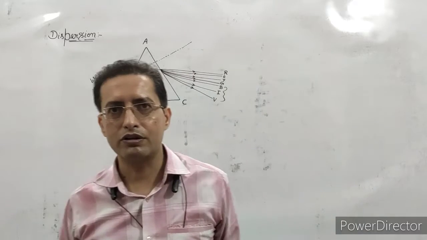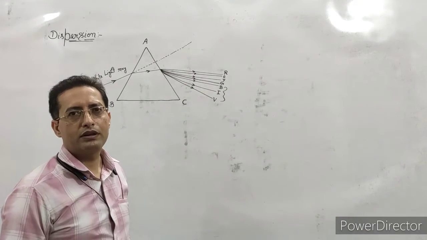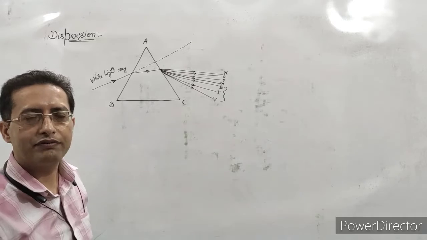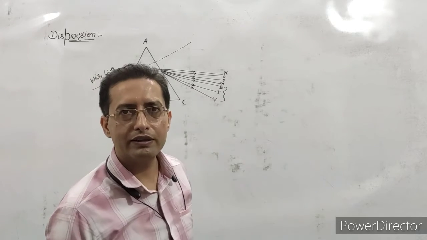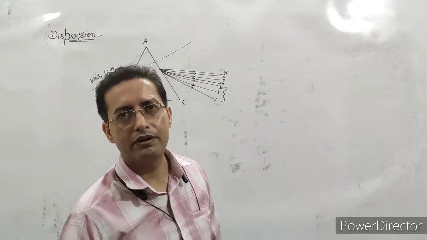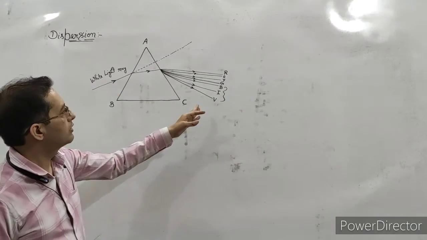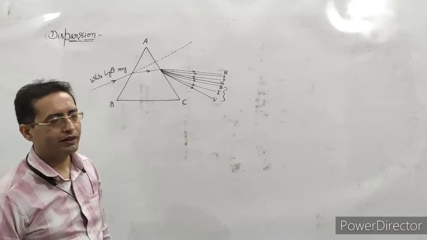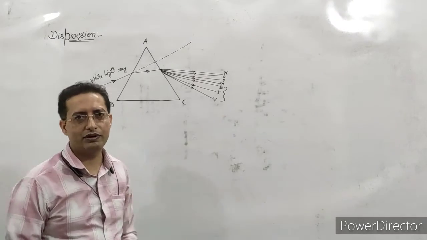One thing we also have to remember is the relation between frequency and wavelength. The wavelength and the frequency are always reciprocal. Whenever we have more frequency, it will have the least wavelength.